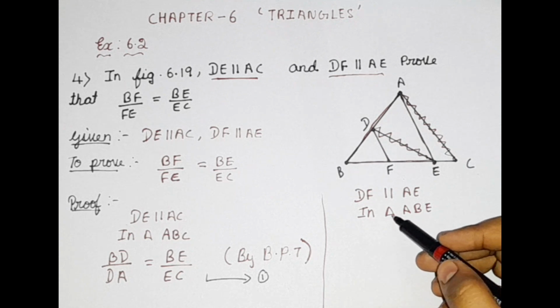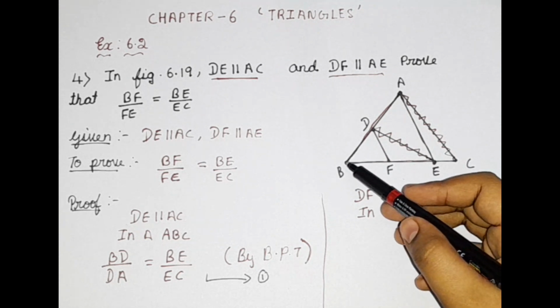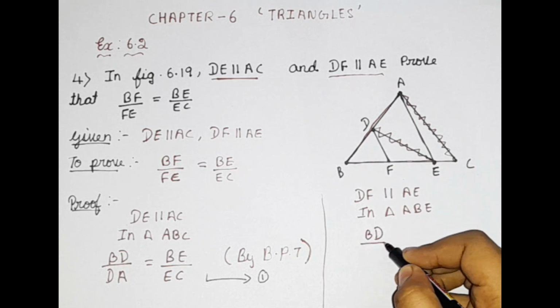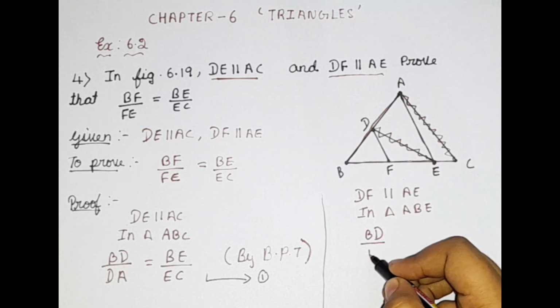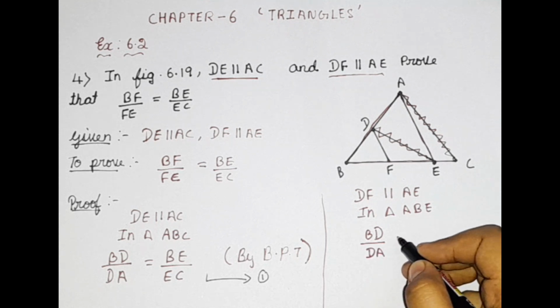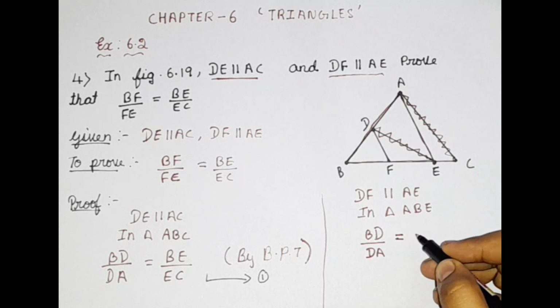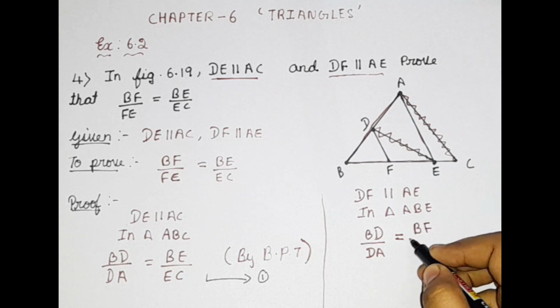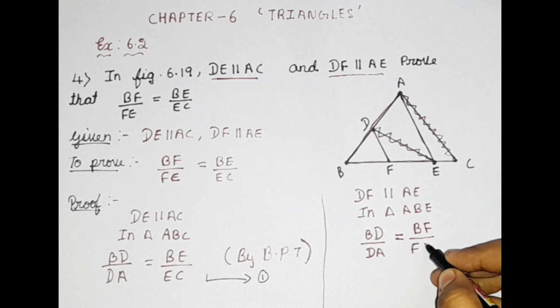According to BPT, we are supposed to write BD by DA is equal to BF by FE. I'll explain, don't worry.